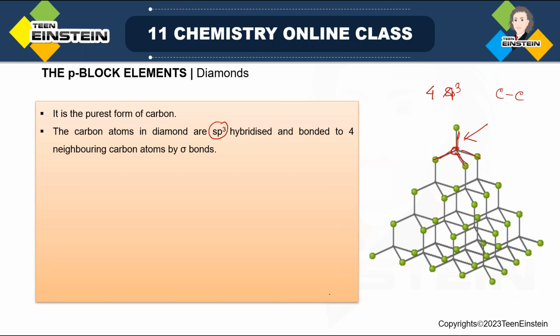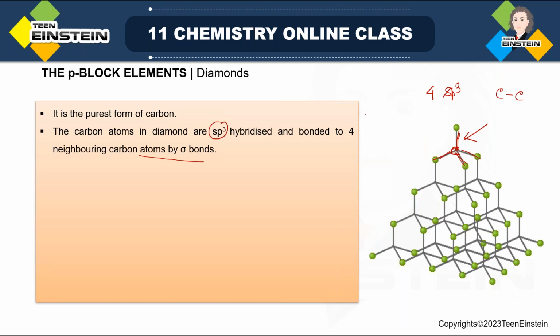Tetrahedral arrangement. And each carbon atom is bonded to 4 neighboring carbon atoms by 4 sigma bonds. So 4 sigma bonds, 4 sp3. You can compare it with methane. In methane, we know there are 4 CH bonds, but instead of CH, now we have CC. That is the difference. And this is a network structure. Okay.